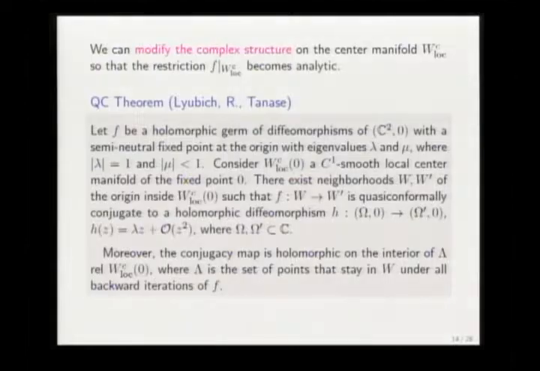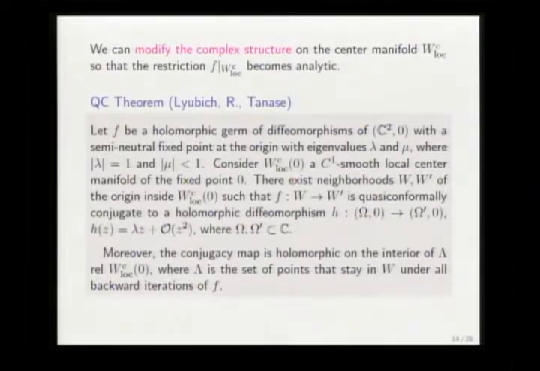The petals, the set of points that do not escape the ball under backward iterations. So the quasi-conformal conjugacy would be analytic on the set lambda. But in any case, the rough idea is that you can quasi-conformally conjugate the germ on the center manifold to an analytic map. And now you have the analytic map with the same multiplier that's neutral. This is the one-dimensional part of the talk.